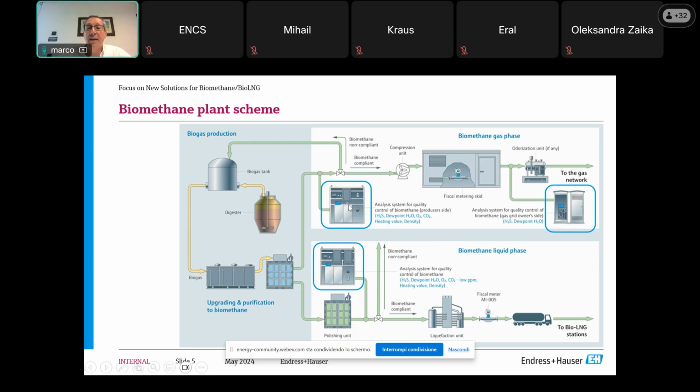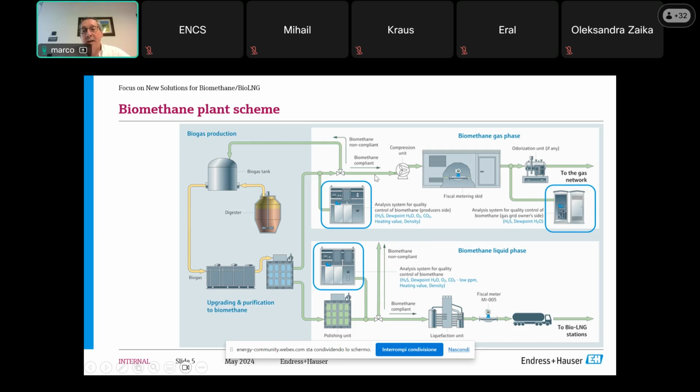If the gas is in spec, it is sent to a compressor unit. If the biomethane is out of spec, it is recirculated to the biogas tank.